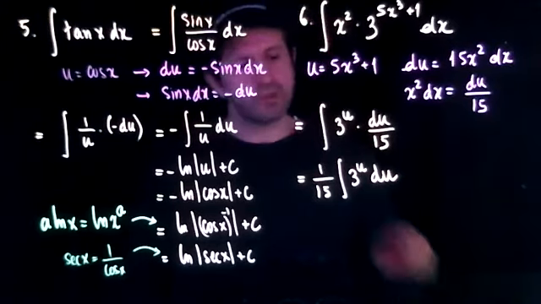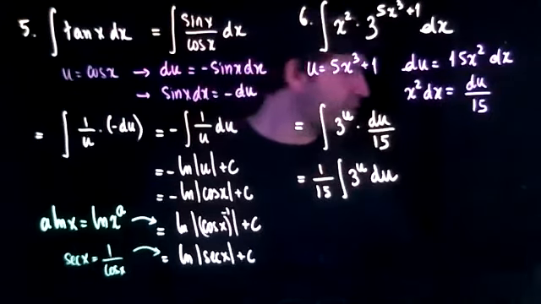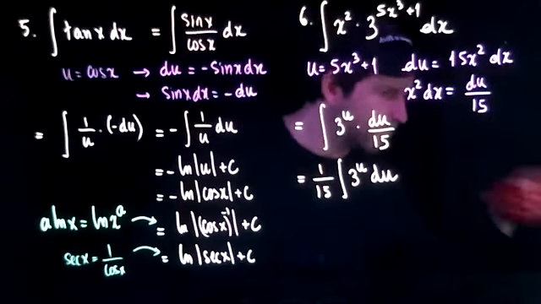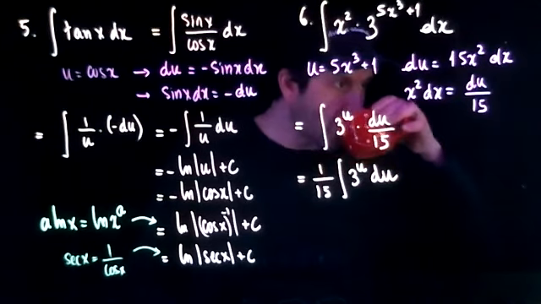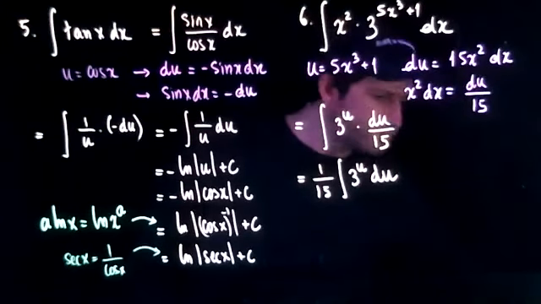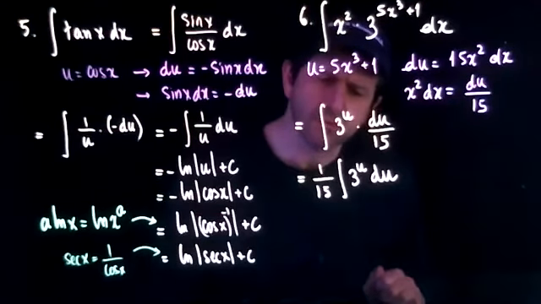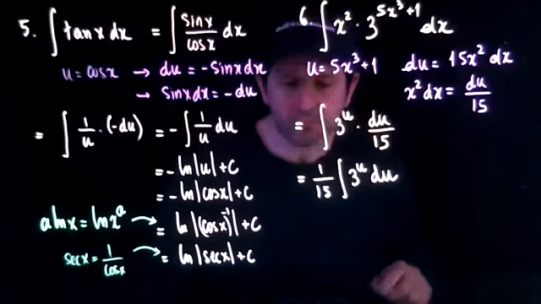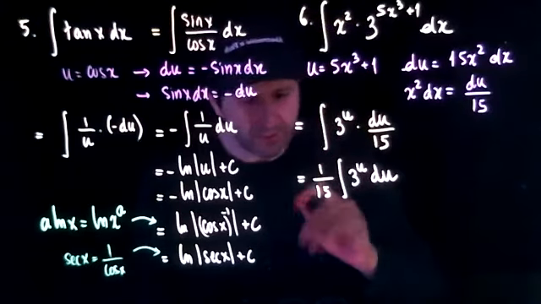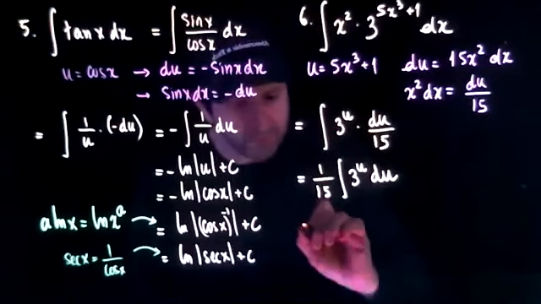Okay, so now my question is, what is the antiderivative of 3 to the power u? Isn't it ln u times 3 to the u? Almost.